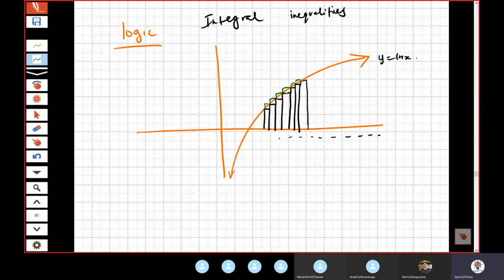The green one will obviously what? Overestimate the exact curve now. Right? This green curve will overestimate the exact, and obviously that would be a lot larger than the areas below.